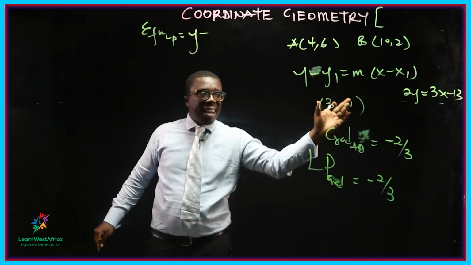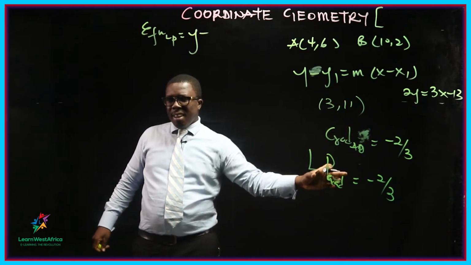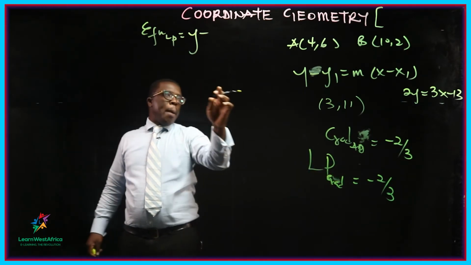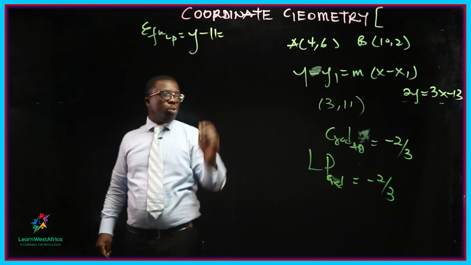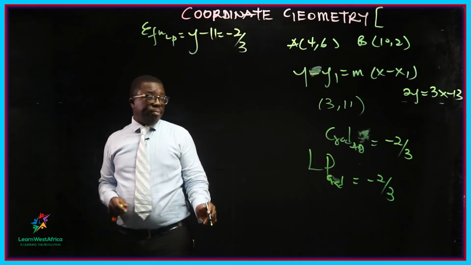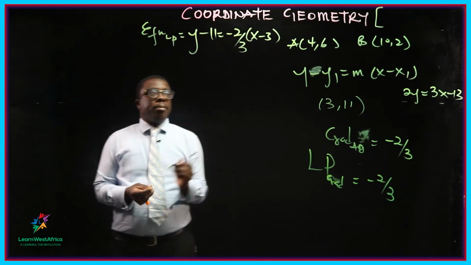Because this is the coordinate that satisfies the equation of LP. Are you clear? Good. So y minus y1, 11, equal to minus 2 over 3, x minus x1, x minus 3.